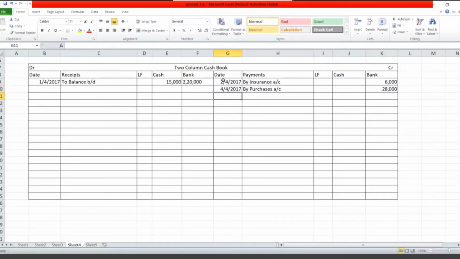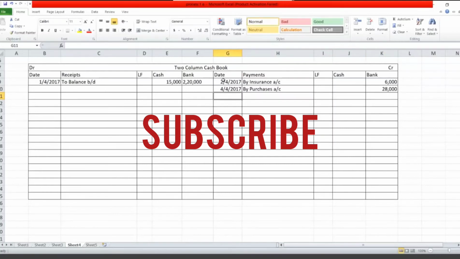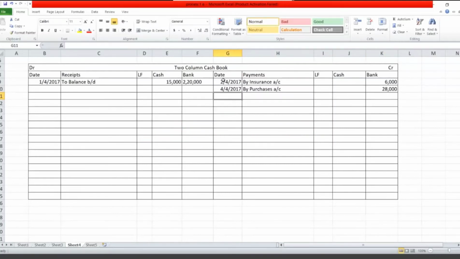Next transaction. On April 5th, sold goods and received check from Deepak. On April 5th, write down 5/4/2017. What happened? Sold goods to Deepak and we have received the check.